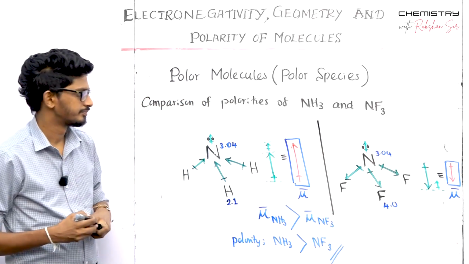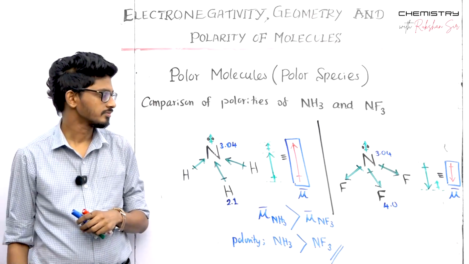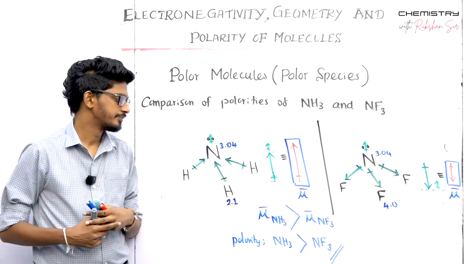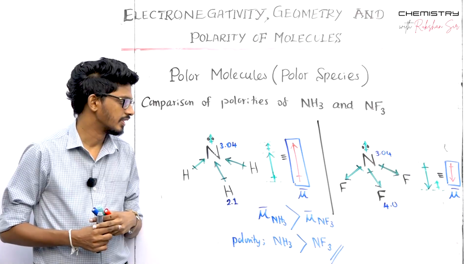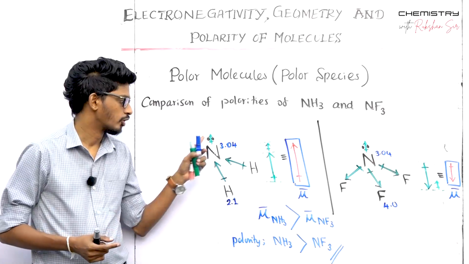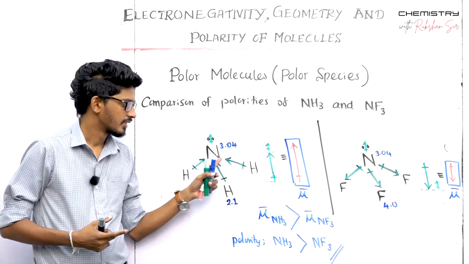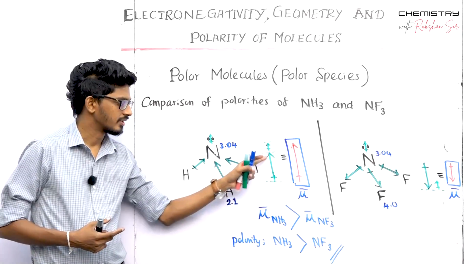Okay. This is how to compare NH3 and NF3. The effect of the lone pair matters here. As with the bonded pairs, the resultant is almost the same.